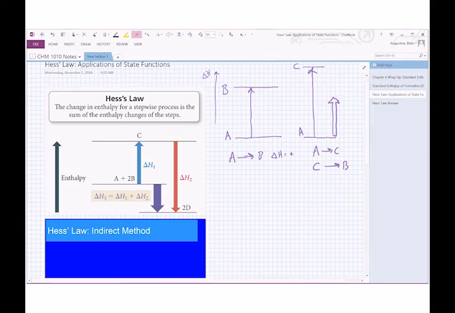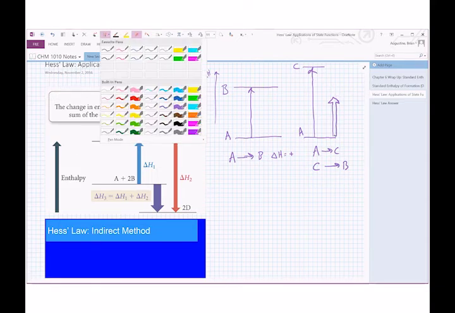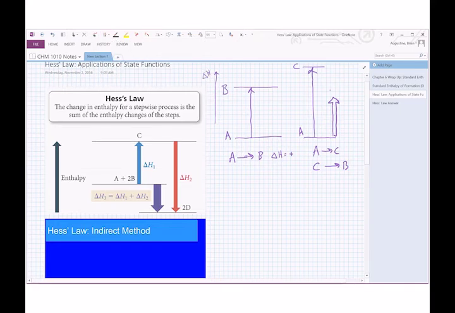Let me just erase this and redraw this with the line at the same spot. Okay, so there's my level B again. All right, and then let's draw this arrow a little bit longer.